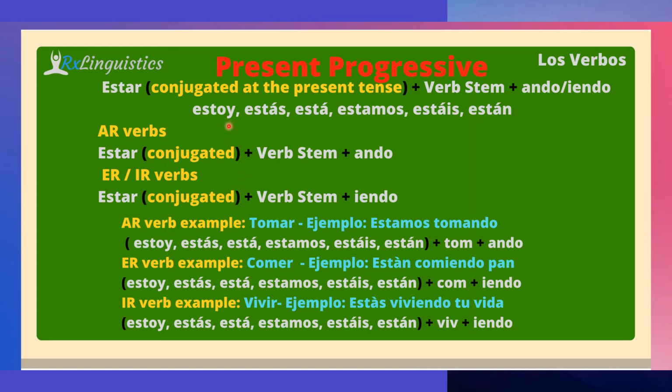But if there is a confusion, if you are talking about somebody and the environment is not clear for your audience to know who you are talking about, it's better to use the subject. It's better not to omit the subject.